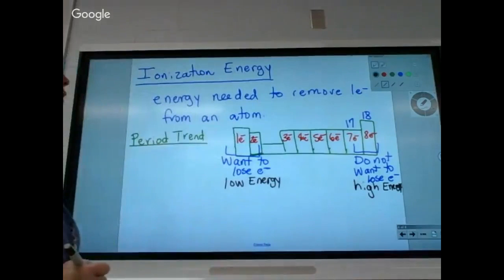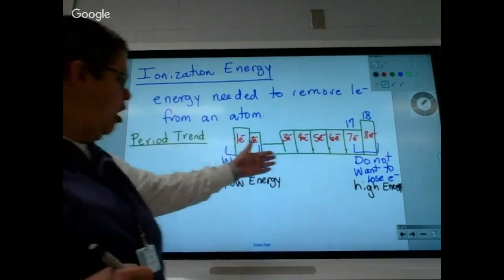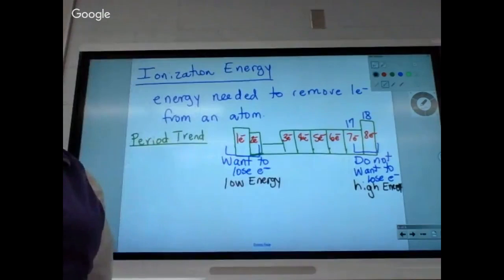So, what's going to happen to ionization energy then as we go across the periodic table? It's going to increase.